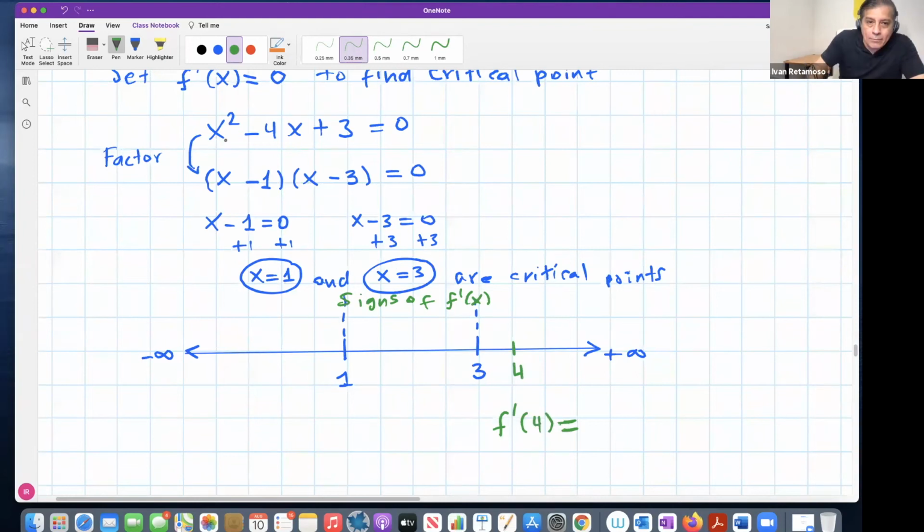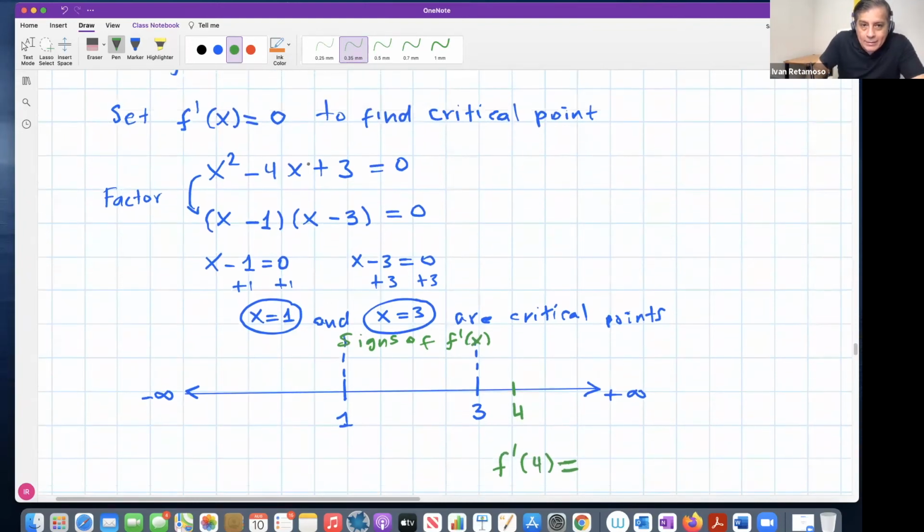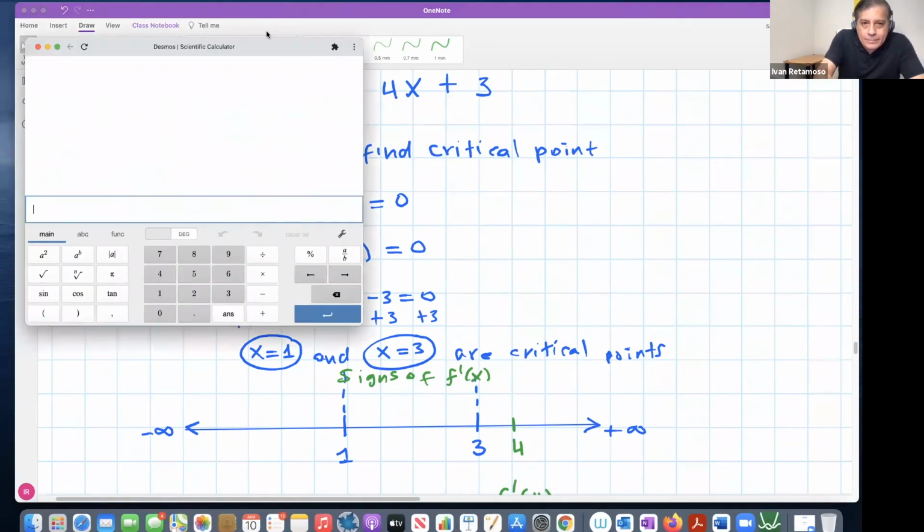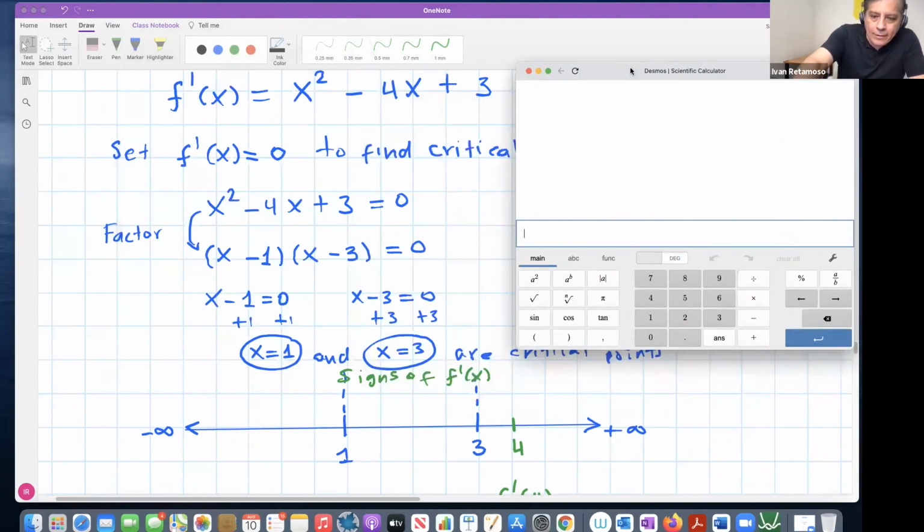If you go to the derivative, which is here, the derivative of your function, right? Okay. And you plug into your derivative the number 4, what do you get? Let's see. 4 squared minus 4 times 4 plus 3 is equal to 3, a positive number, right?